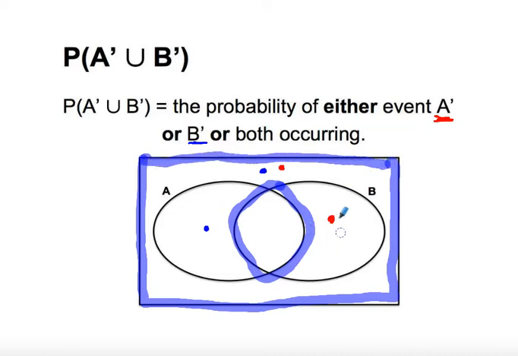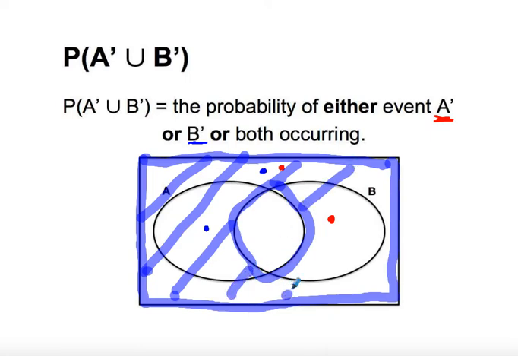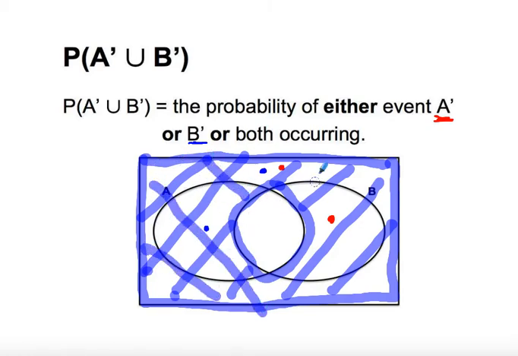I've got the B bit on its own, because that's got one blue dot in. And so, using some stripes that I have shaded, it's everything apart from this little bit in the middle, the intersection. Okay, I hope that made sense.